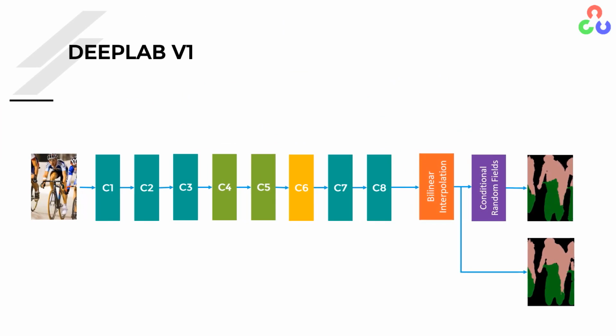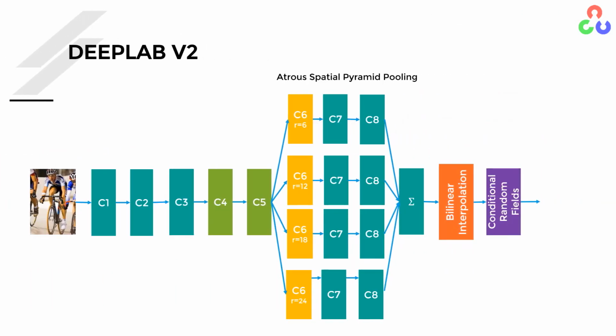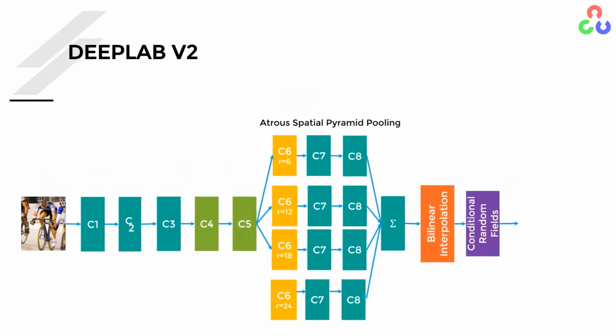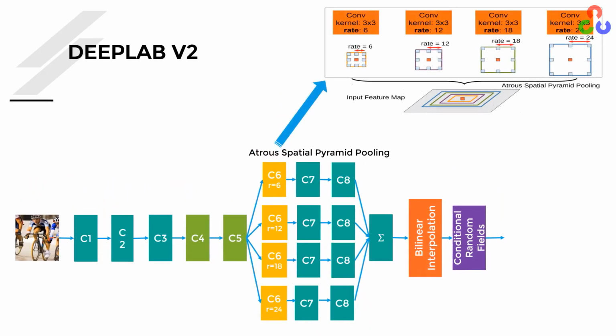DeepLab v1 and v2 were both published in the same paper. And the difference between v1 and v2 is this. If you remember, we had introduced this layer C6, which consisted of many filters having the dilation rate 12. Now, we get some feature map here. The idea here is called Atrous spatial pyramid pooling.